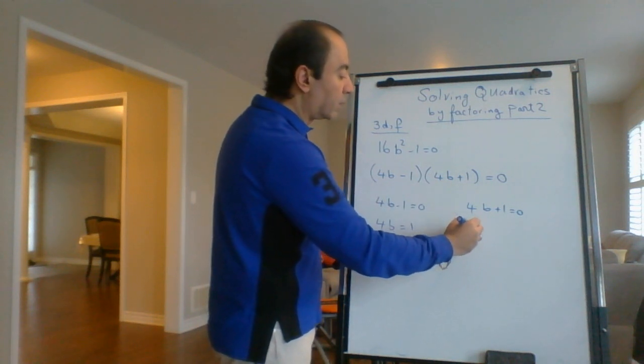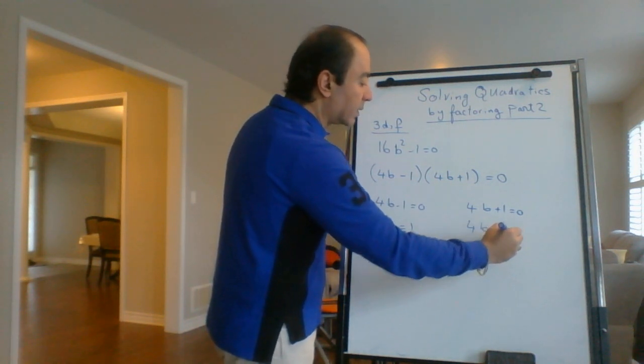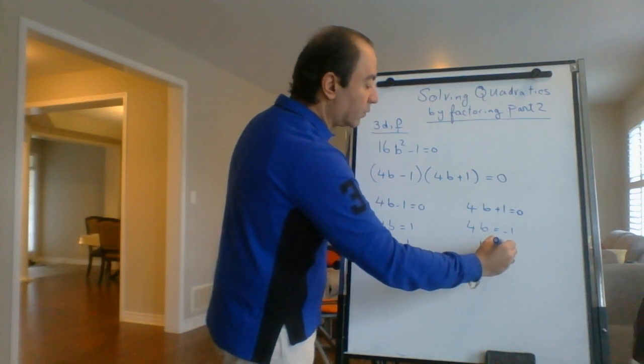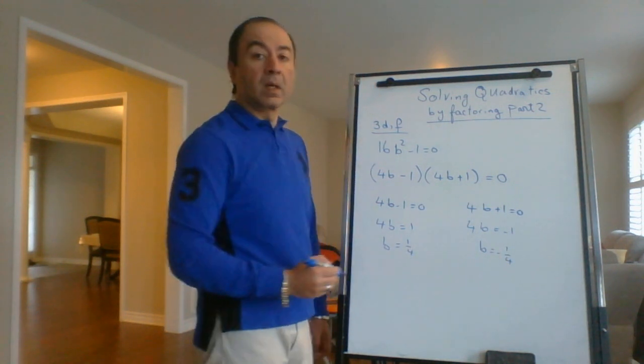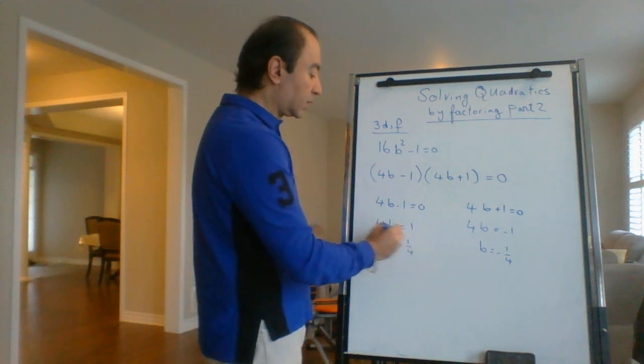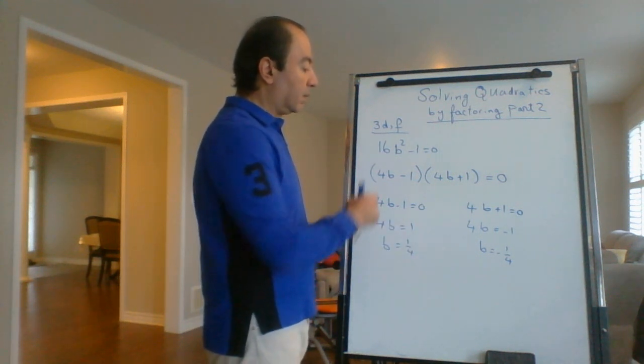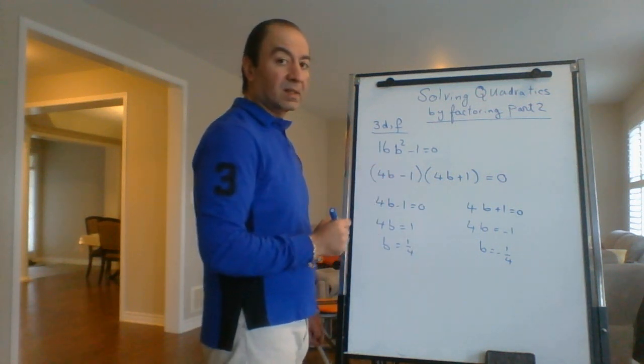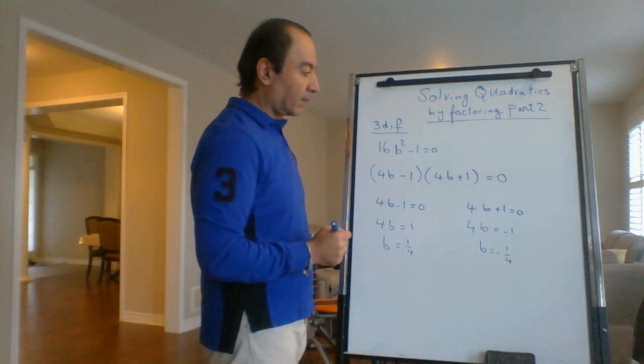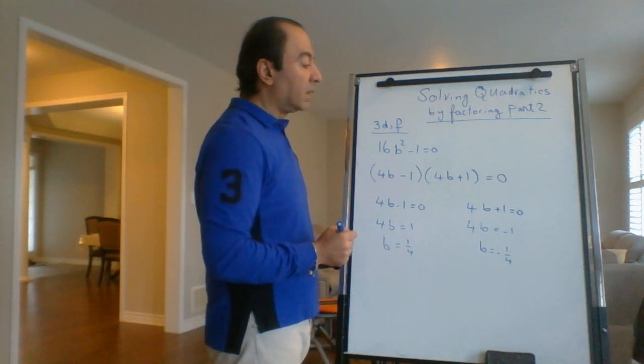Same thing here, 4b equals negative 1, so b equals negative 1 over 4. Those are the b-intercepts in this case.